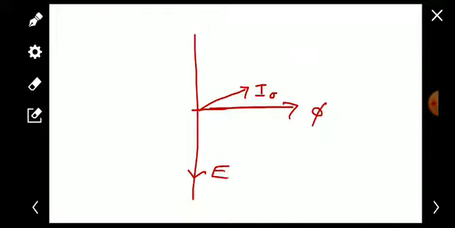We will draw E1 here. And the primary voltage V1 will be exactly opposite to this E1, that is, V1 is equal to minus E1.